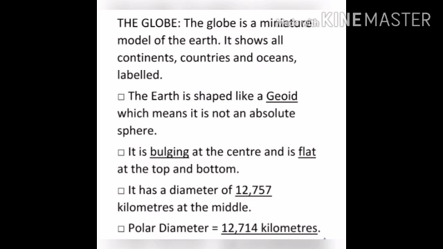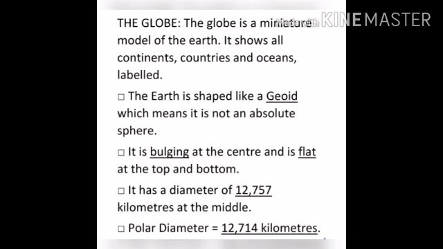But we learned it in our first chapter. The Earth has a particular shape and size. The particular shape is geoid. It is not an absolute sphere, because to be a sphere the equatorial diameter and polar diameter should be equal. But the equatorial diameter of the Earth is 12,757 kilometers, whereas the polar diameter, means top to bottom, is 12,714 kilometers.